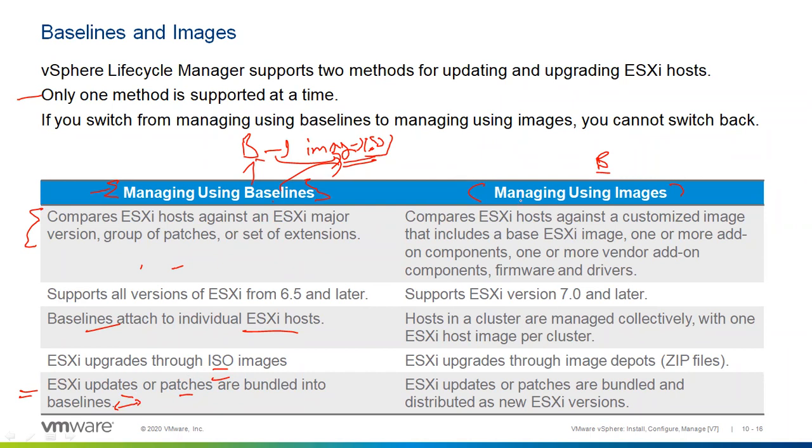The second method is managing using baseline images. So compare the ESXi host against the customized image. A customized image is already there. When I say customized image, it has some add-on patches, hardware, and firmware bundles.